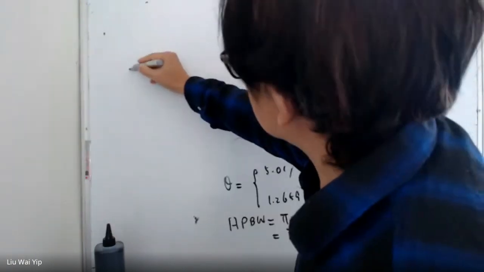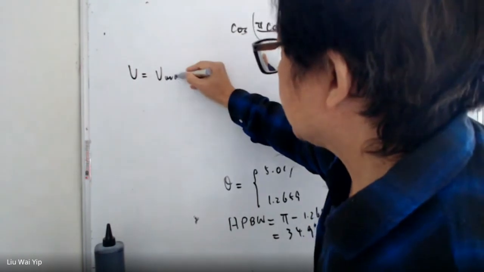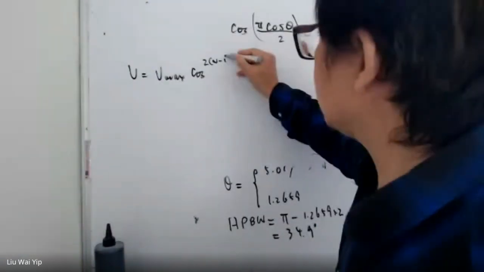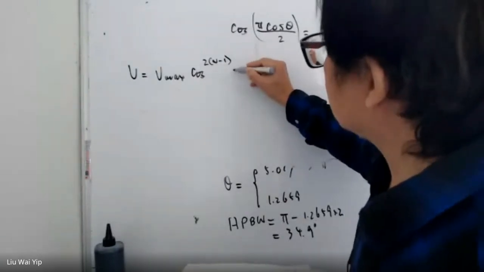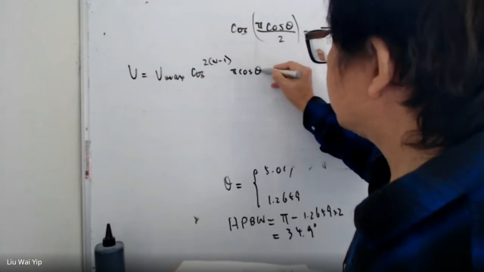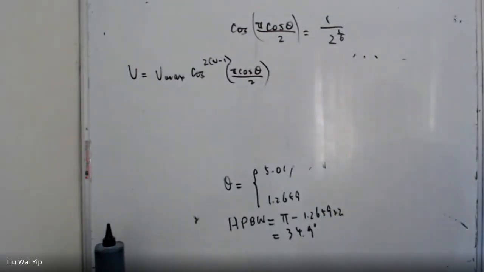So the intensity is U max, and then cosine of 2n minus 1, and then divided by 2.